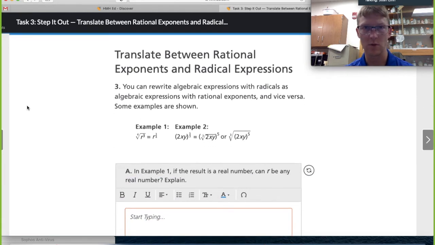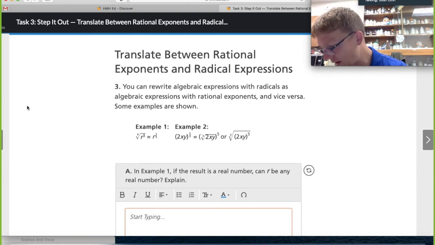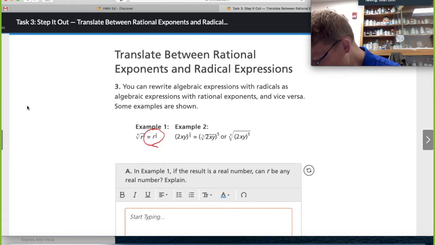So it says you can rewrite algebraic expressions with radicals as algebraic expressions with rational exponents and vice versa. Some examples are shown. So looks like we've got this thing right here. The fourth root of r cubed is the same as r to the power of 3/4.